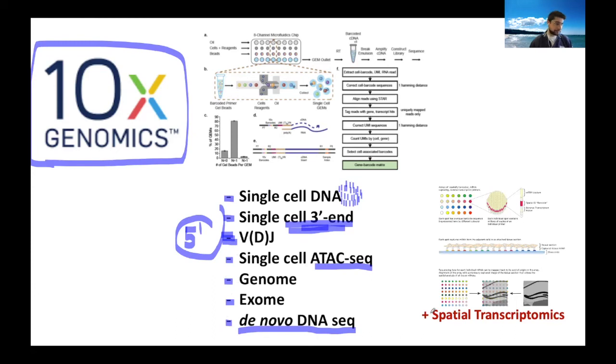Also, they recently acquired a company called Spatial Transcriptomics. So 10x is not only specializing in single cells, but also in where the transcript was in a tissue biopsy. You have a thin layer of tissue, and you put it on these slides, and at each position in the slide you have a barcode.